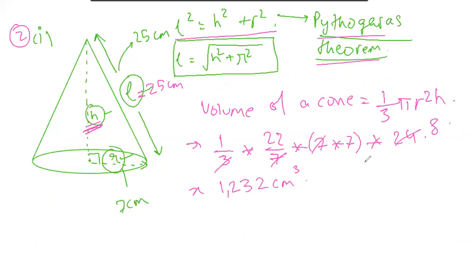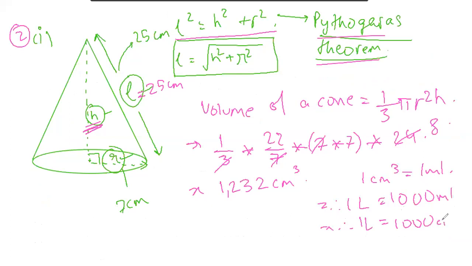So 1 centimeter cube is equal to 1 ml. Therefore 1 liter is equal to 1000 ml. So can I say that 1 liter is equal to 1000 centimeter cube?